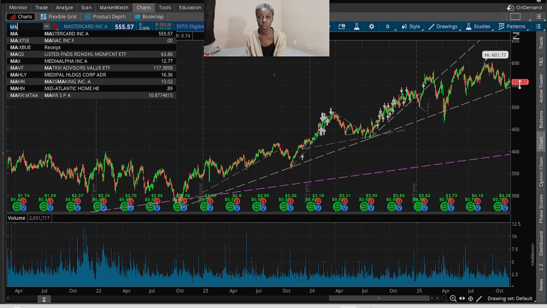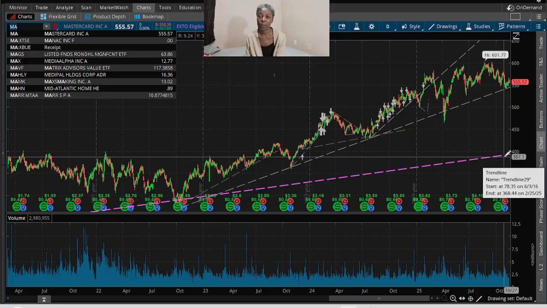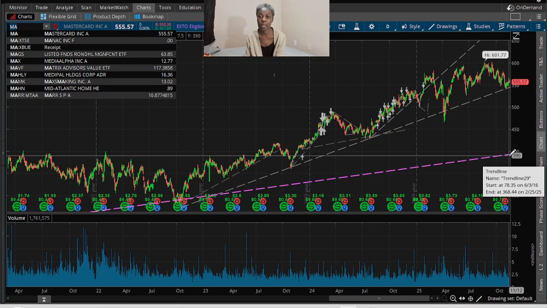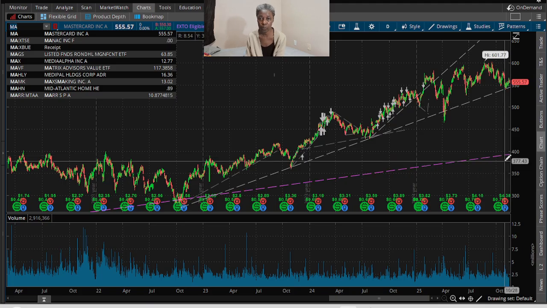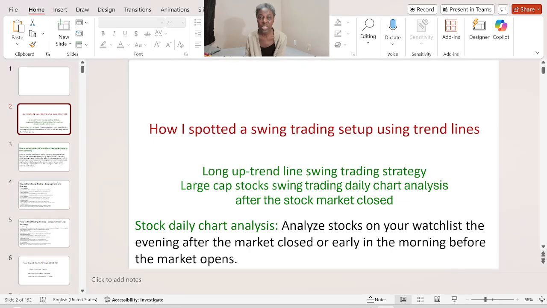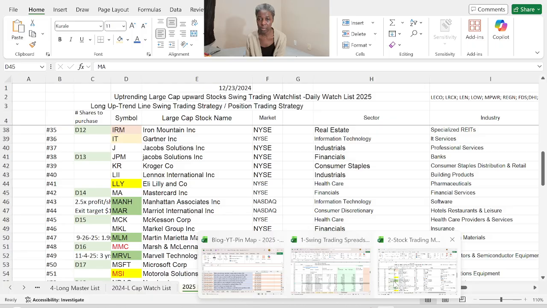Yesterday the price went down, but we want to buy at the value line and it's still far from where we want to buy. Therefore, we are not going to make any purchase. So this concludes how we spot a swing trade setup using trend lines.